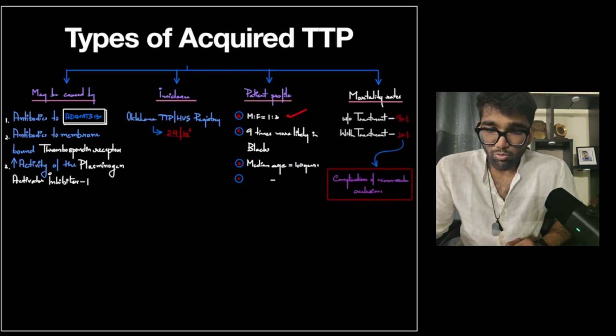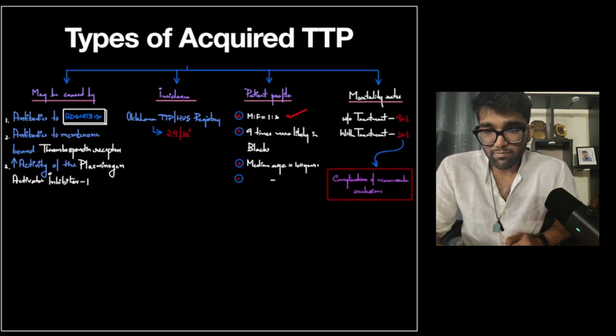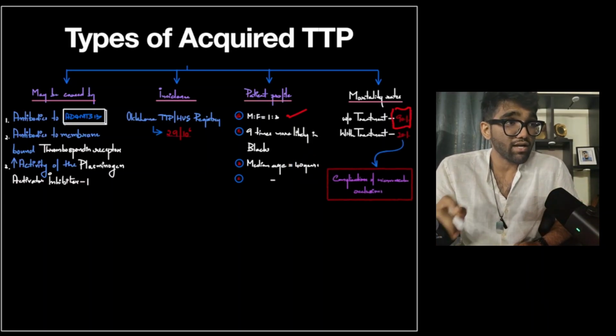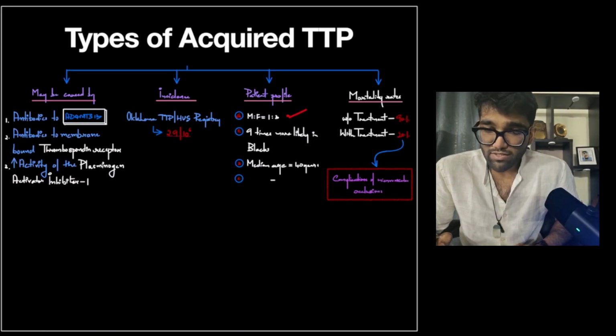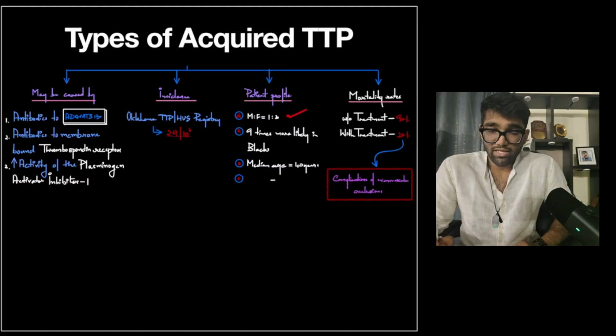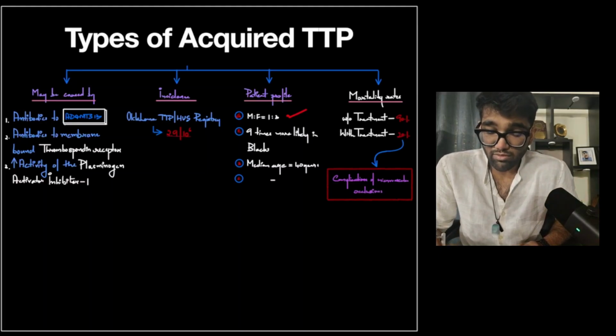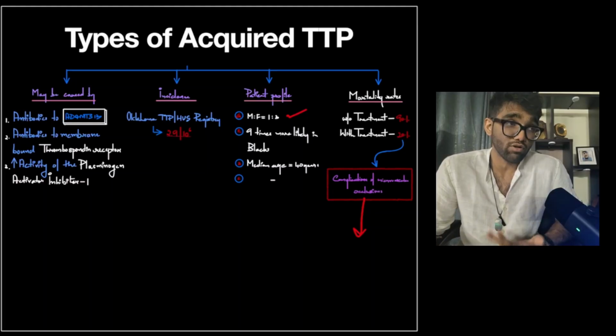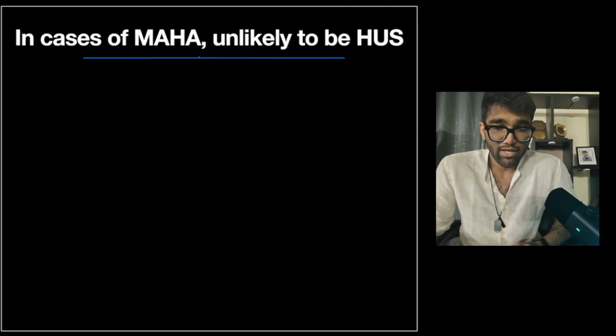Okay. Now, mortality rates without treatment, that is, if you do not identify it, are 90%. Whereas with treatment, it decreases to 20%. And complications are basically microvascular occlusion, which is the primary cause for cell death. Okay.